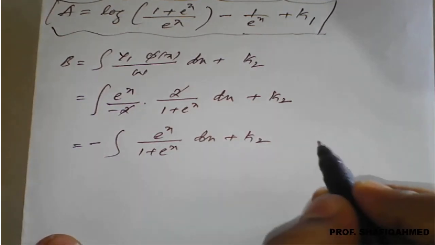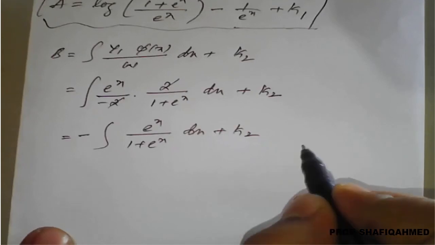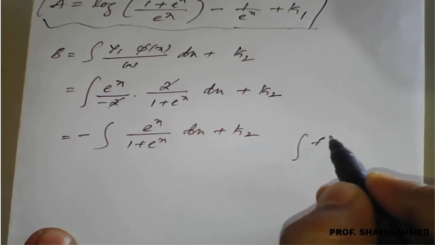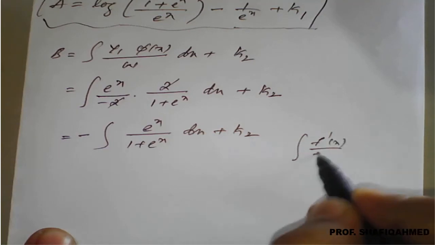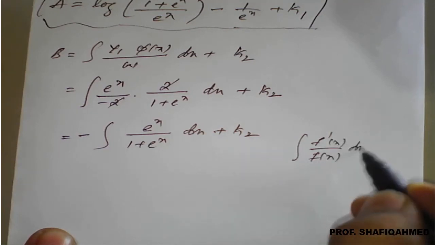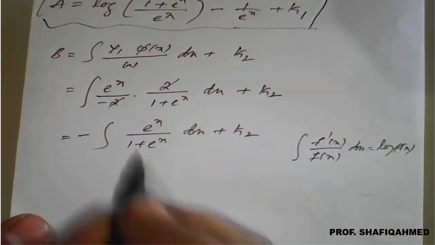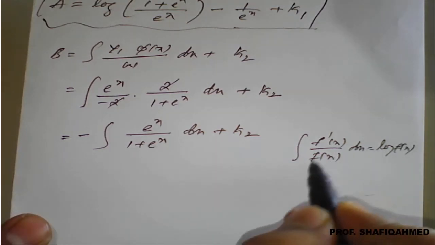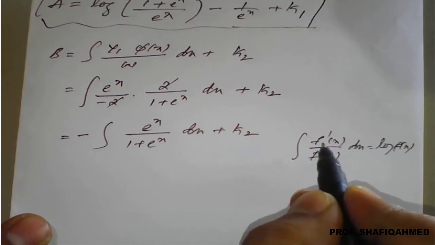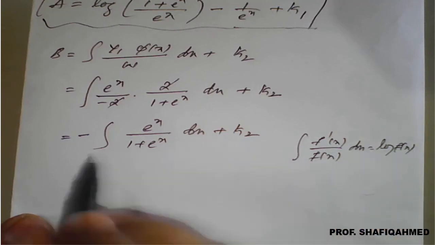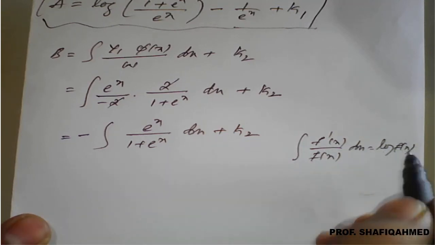So this, remember, from your previous knowledge, integration of f dash of x upon f of x dx will be log of f of x. So differentiation of your f of x is getting in the numerator as f dash of x, so that is nothing but going to write as log of f of x.